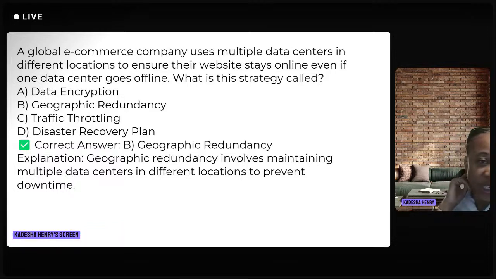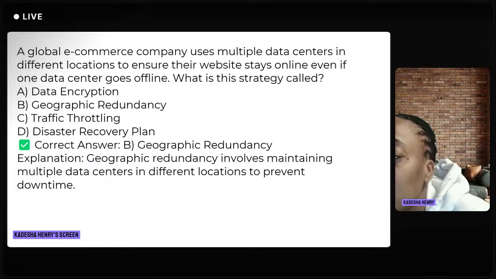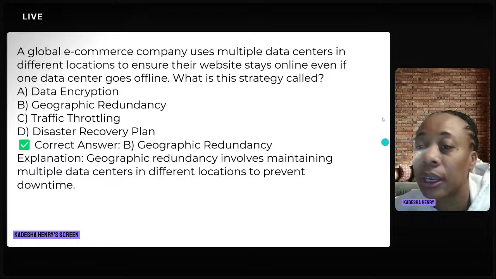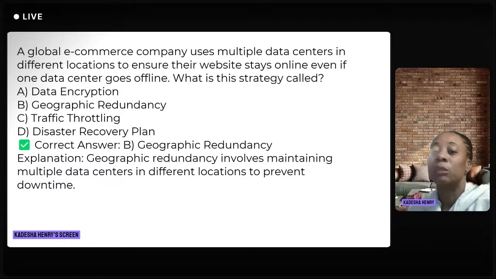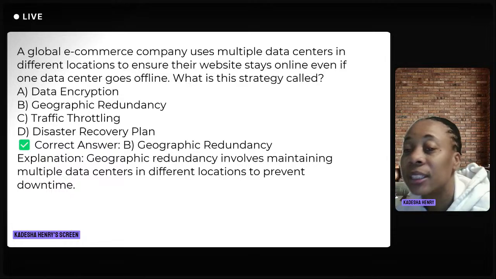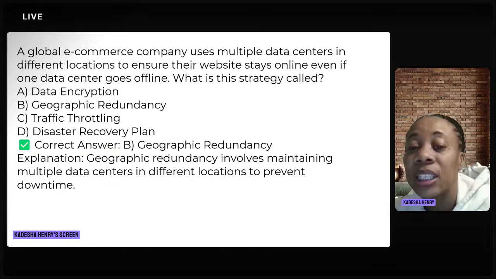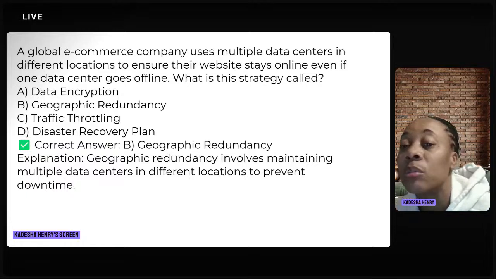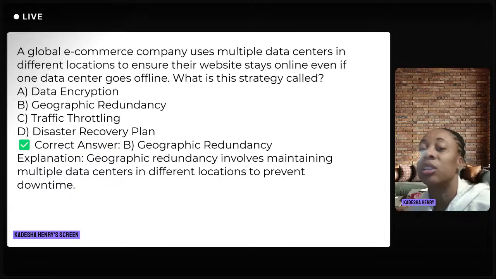Okay, let's move on to the next question. A global e-commerce company uses multiple data centers in different locations to ensure their website stays online even if one data center goes offline.